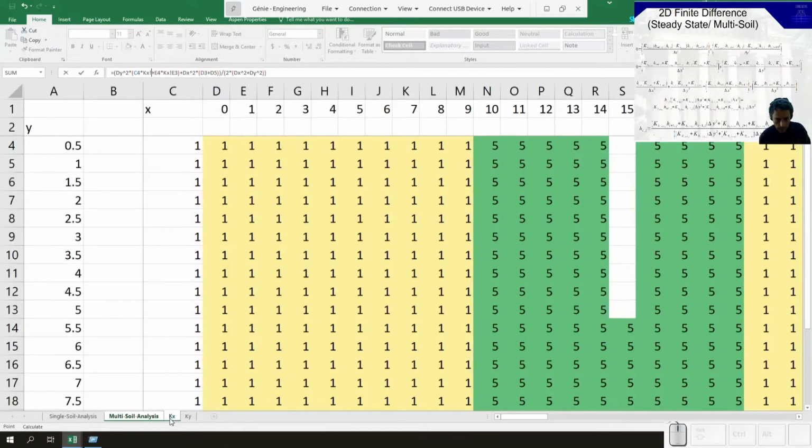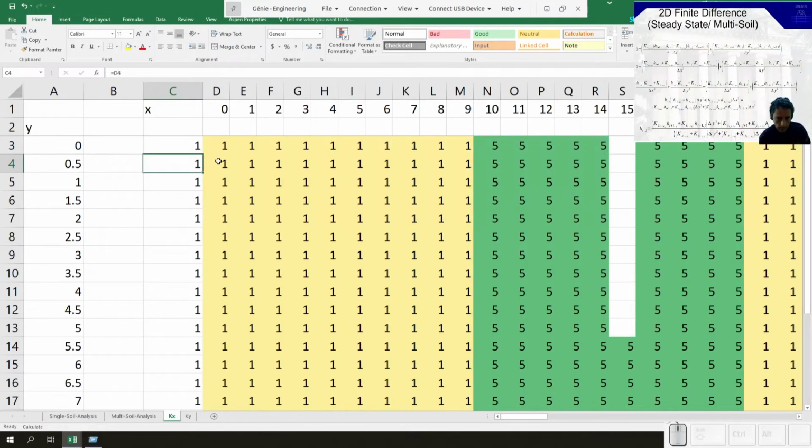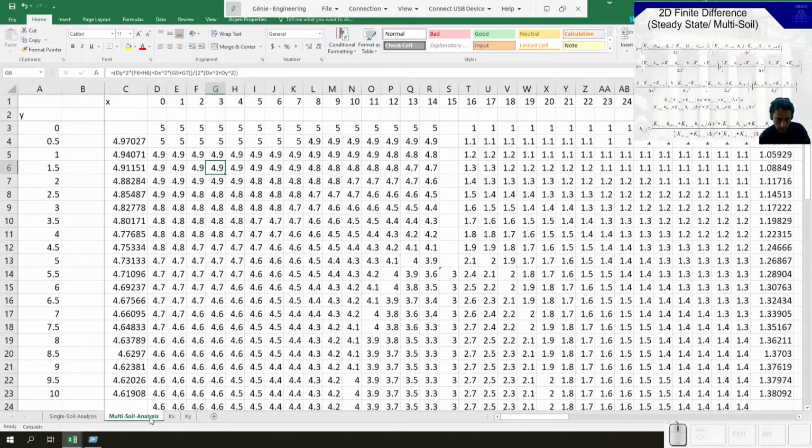So we go to kx, and we're at a depth of 0.5. So we go to D4.